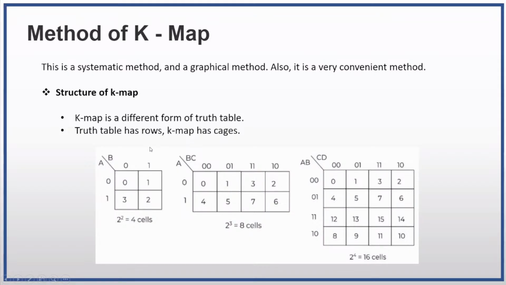If there are n inputs, there are 2 to the power n cells in the Karnaugh map. So if there are 3 inputs, 2 to the power 3, 8 cells are in the Karnaugh map. Normally in the truth table we number them like 0, 1, 2, 3, 4.